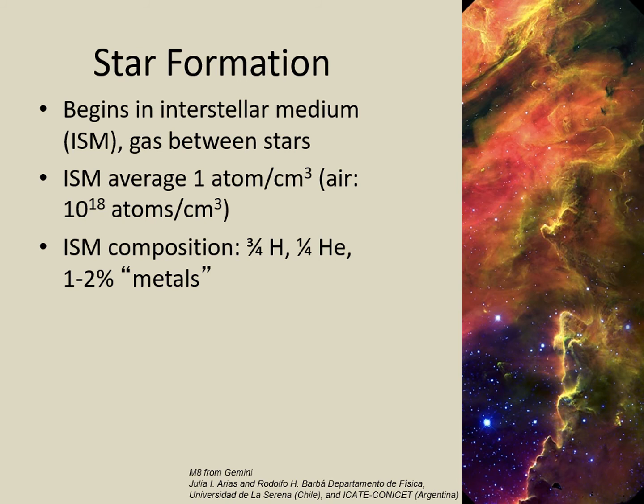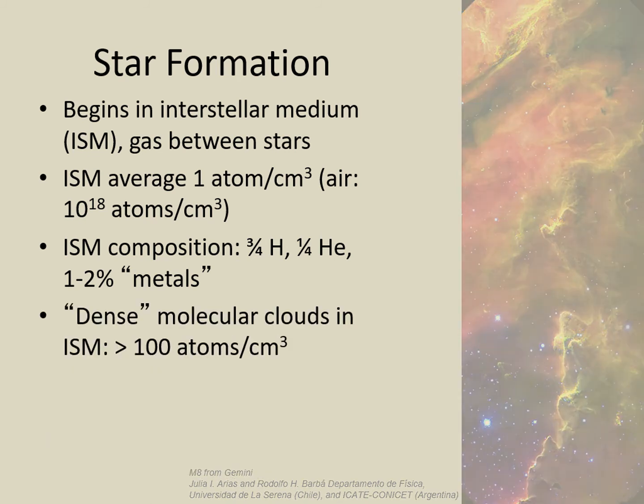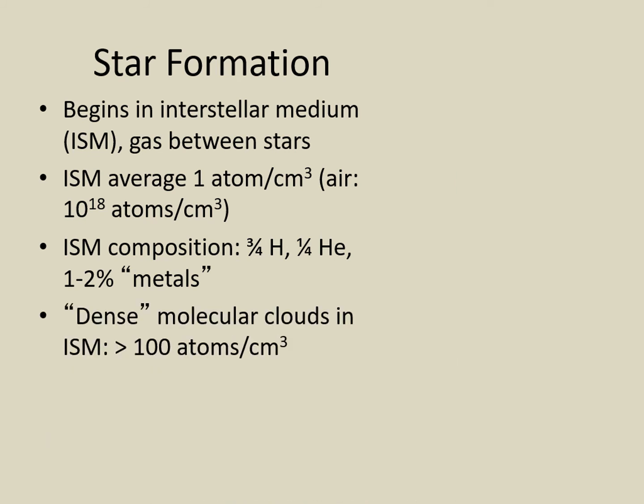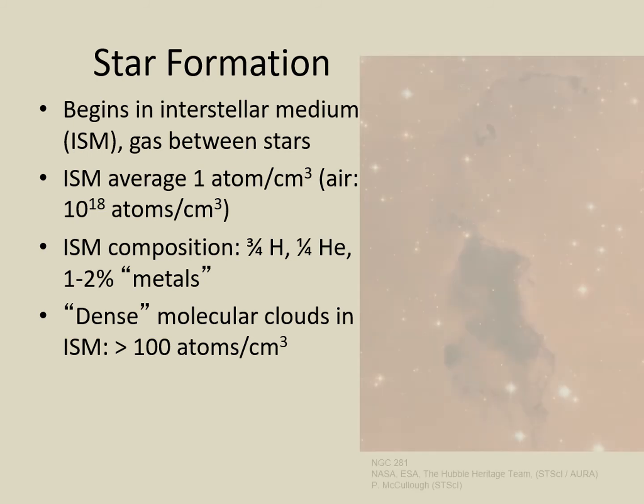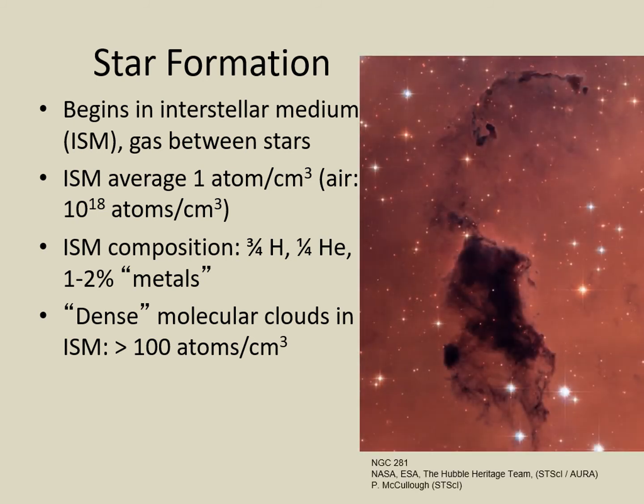of percent heavier elements. However, the ISM is clumpy. Some places are less dense than the average, while others are much denser. The densest clumps are called molecular clouds. Here there can be hundreds or even thousands of atoms per cubic centimeter.